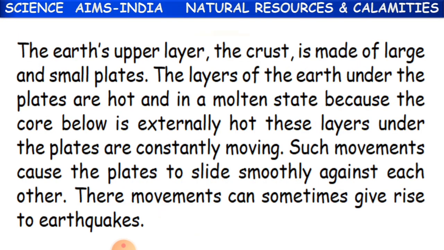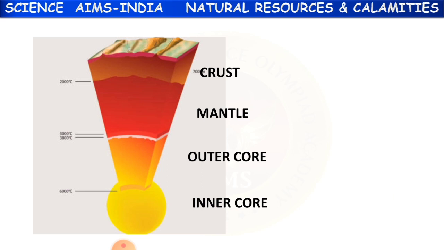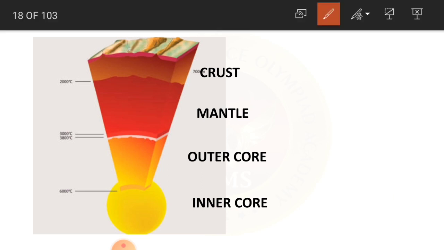And here first we have to learn about the earth. Before knowing how the earthquake is caused, we will discuss the earth. Children, earth has 4 layers. If you see here in the picture, this is the earth where we are living.